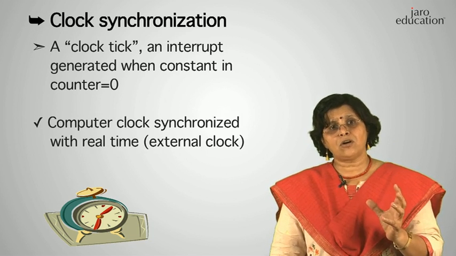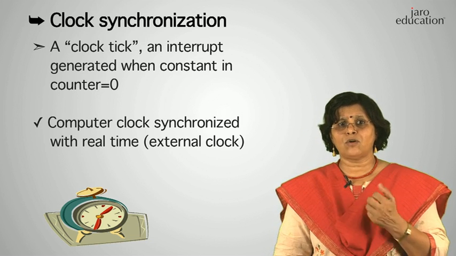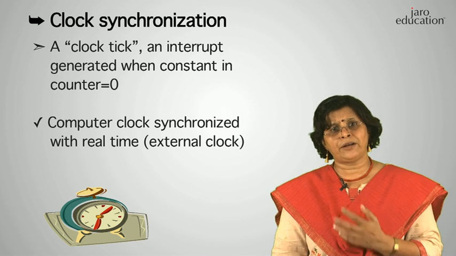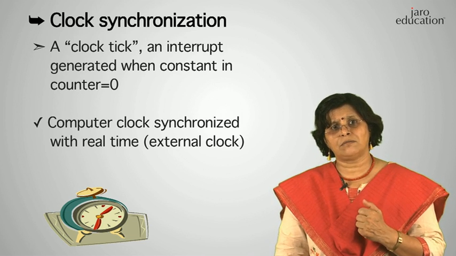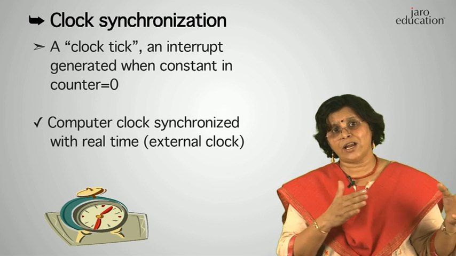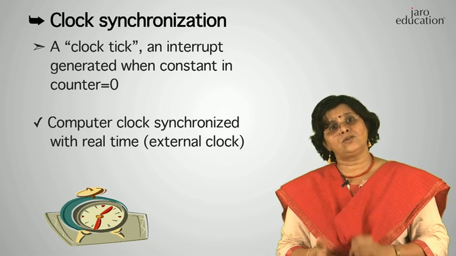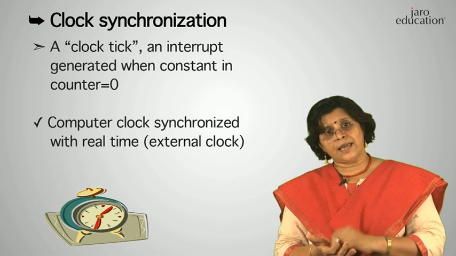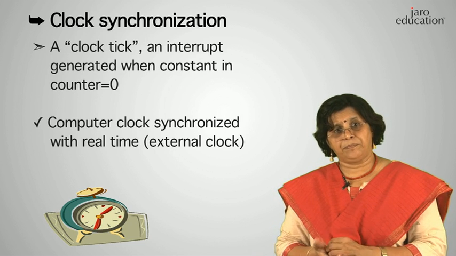Computer clocks are basically synchronized with real time. If you look at the clock on your laptop, for example my laptop right now is showing a time of 10:30. Right now the quartz crystal was oscillating and I was getting some values. That is mapped with real time, and so I can say that the time on my watch is 10:31 AM.